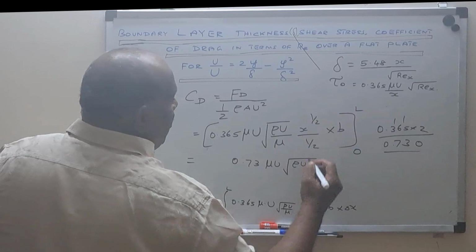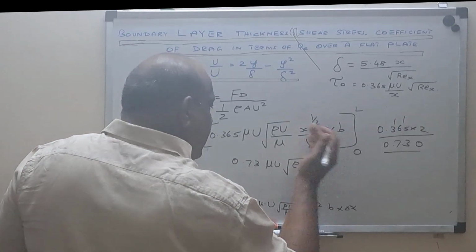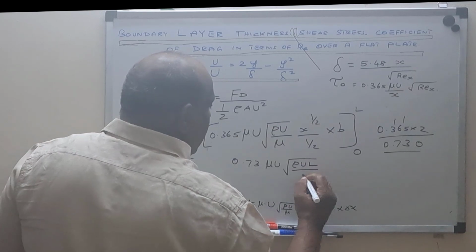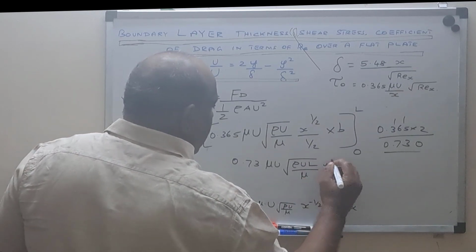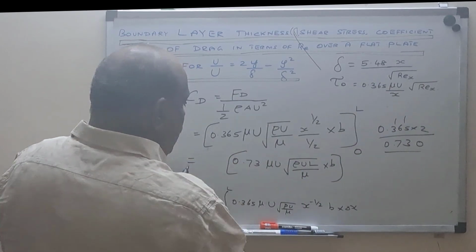This will become L power half because I have substituted the limits. So L power half is nothing but square root of L. So I can take it inside: rho u L by mu into b. There's no need to apply the lower limit because the lower limit is 0 only.